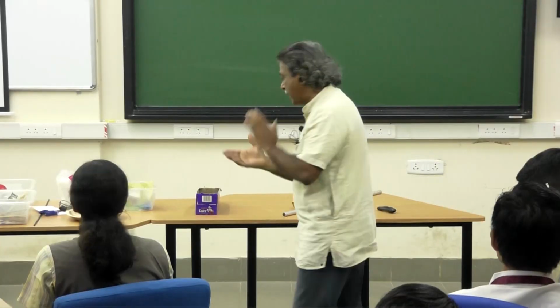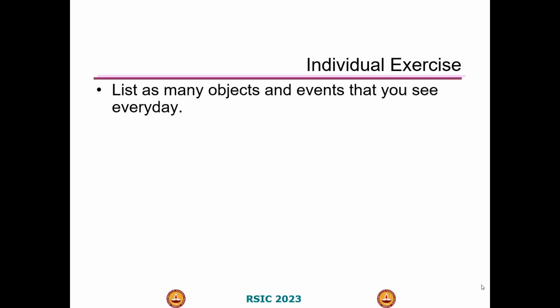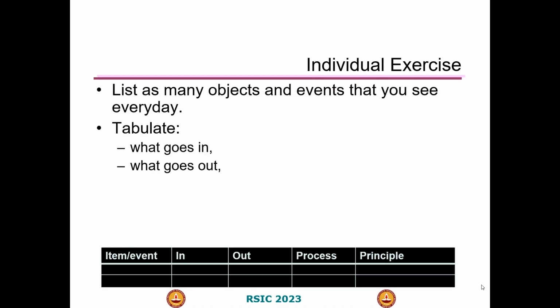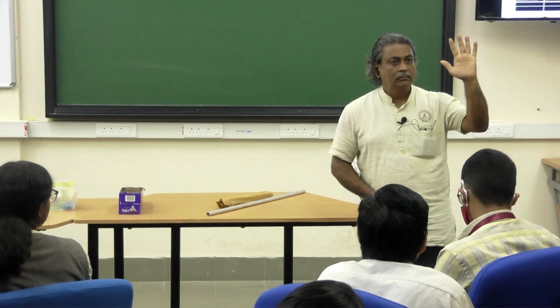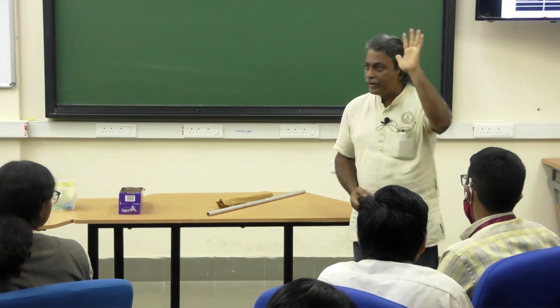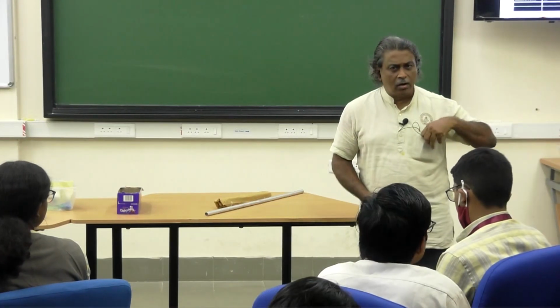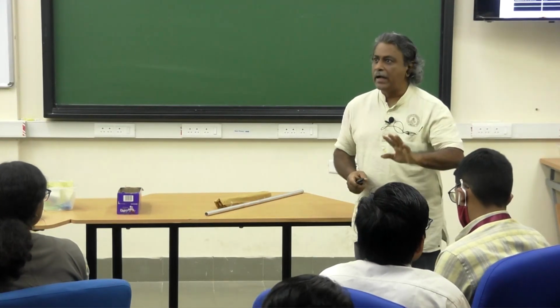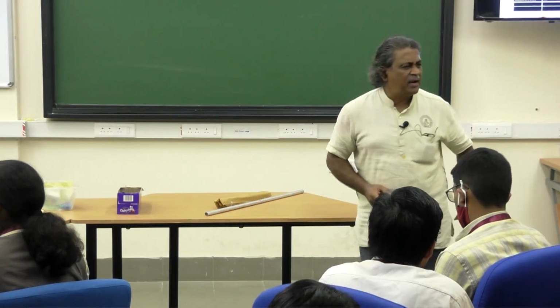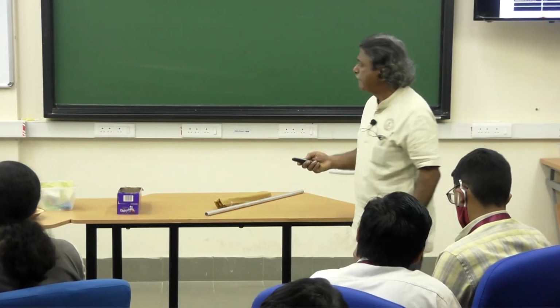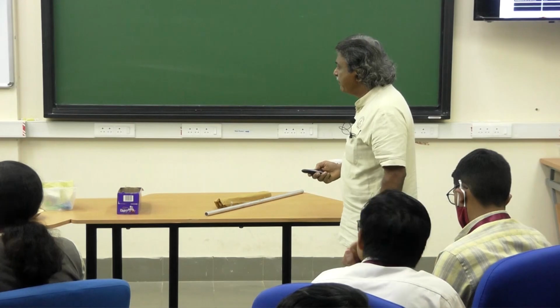Yeah, folks. We'll go to the next game. Before that, that's the individual exercise. List as many objects. You can even use your notebook. Have your inventor's notebook. It could be on your mobile also, no problem. Keep writing. You want to be an inventor, no? That's why.